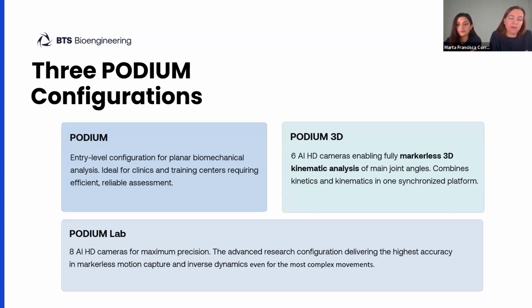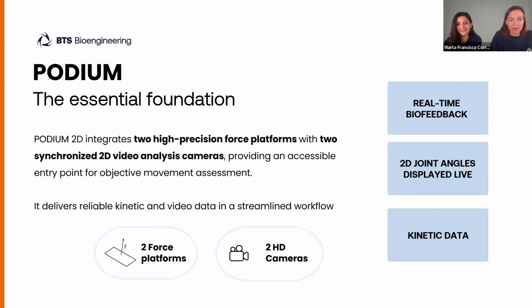For example, here you have a minimum of 8 cameras and 4 platforms, making it suitable for research and high-level biomechanical studies. This scalability allows the same system to be used across different contexts, different types of movement, and from clinic to high-performance lab. So let's go a little bit deeper into every configuration.